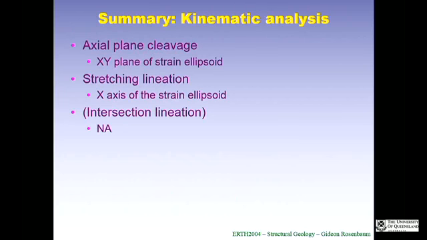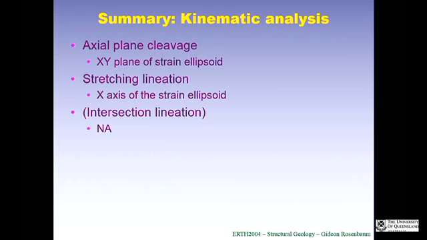In terms of kinematics, we need to remember that some of those structures give us information on strain. So when we have folds, the axial plane of the fold is always perpendicular to the maximum shortening. Therefore, the axial plane cleavage is the xy plane of the strain ellipsoid.